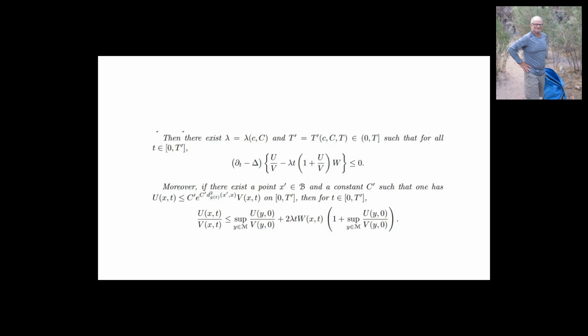Then there exist certain constants, which are listed, such that we again have a heat-like equation on all these functions u, v, and w.